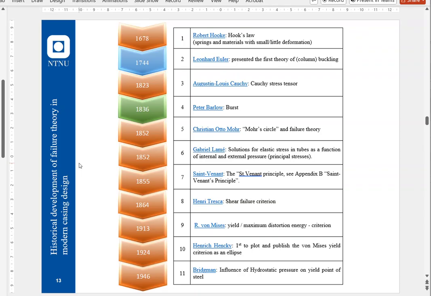And we'll later on see how that expression actually goes into an ellipsis, which was first drawn by somebody called Heinrich Hencky. Excuse me.